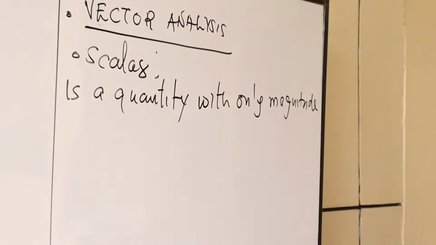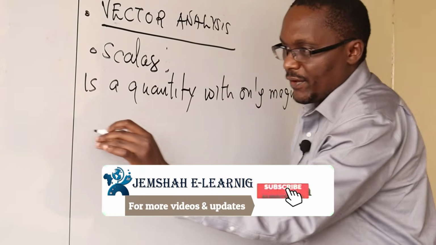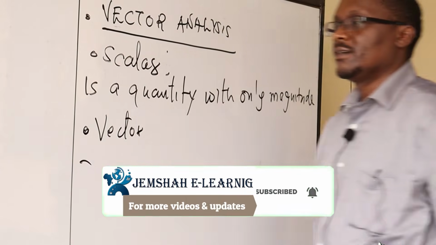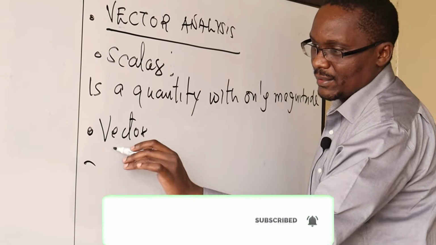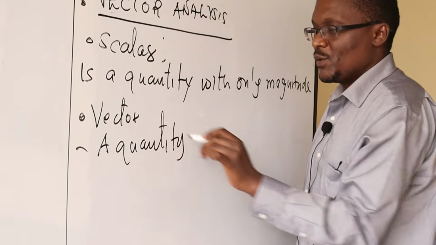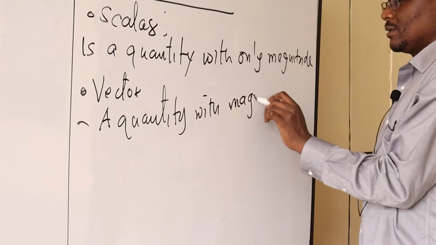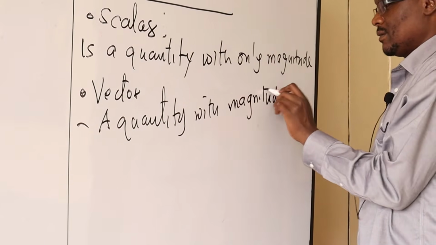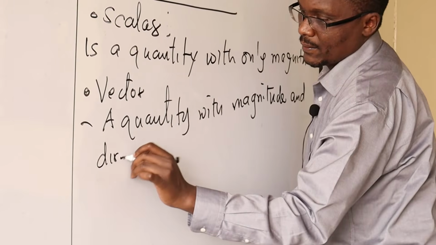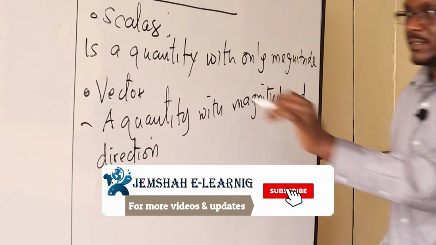Then we are also supposed to look at other definitions, like what? Vector itself. So a vector is a quantity with magnitude and direction. That is a vector.